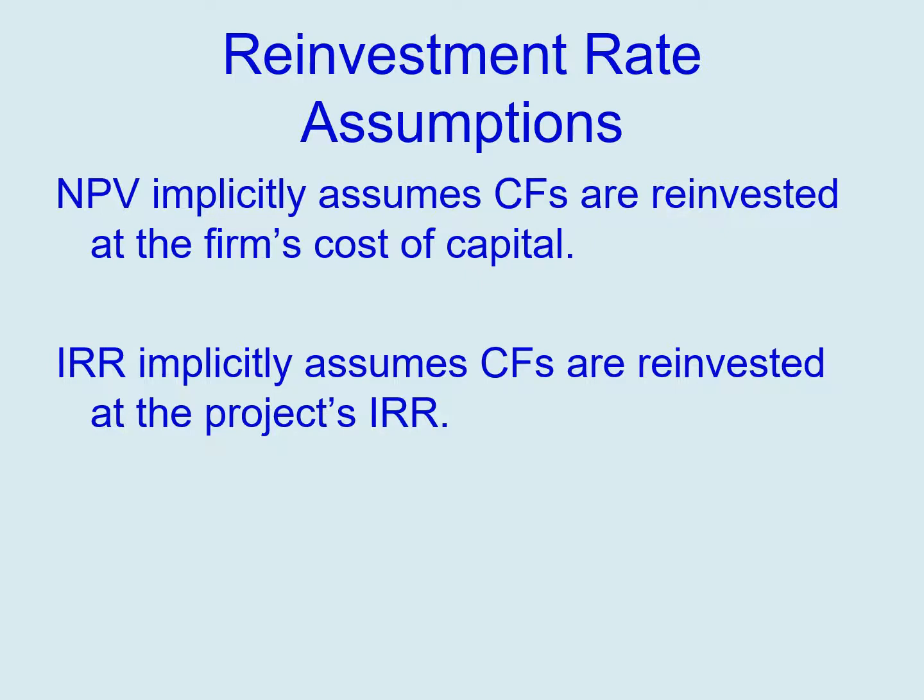So when the NPV calculation is being done, we are implicitly assuming that cash flows are being reinvested at the firm's cost of capital. Okay, we're using the cost of capital as our opportunity cost. We're discounting by the cost of capital.